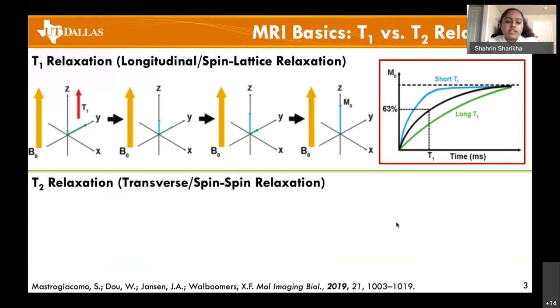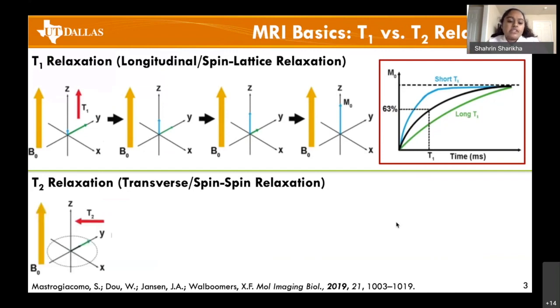And T1 relaxation or T1 weighted images usually are presented with bright images. They produce hyper-intense signals. And these are preferred when you want clear anatomical images of the structure that you're looking at.